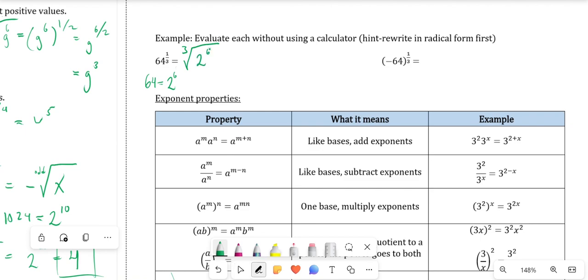So I would write everything in exponent form, not just radical form, because that will help us simplify this radical here. So this is going to be equal to 2 to the 6 over 3. That is to say 2 to the 2, which is 4.